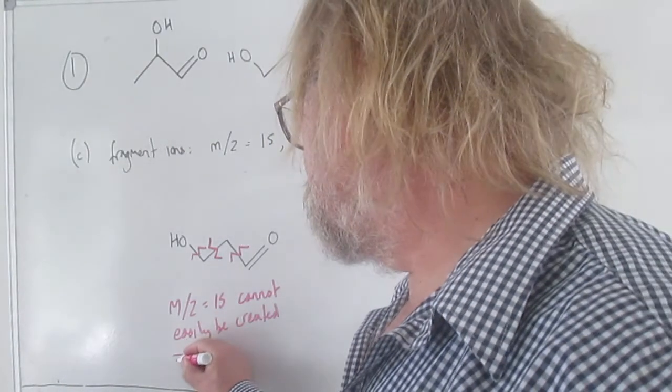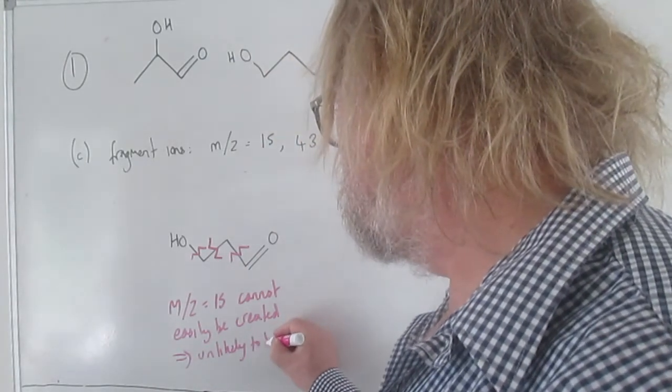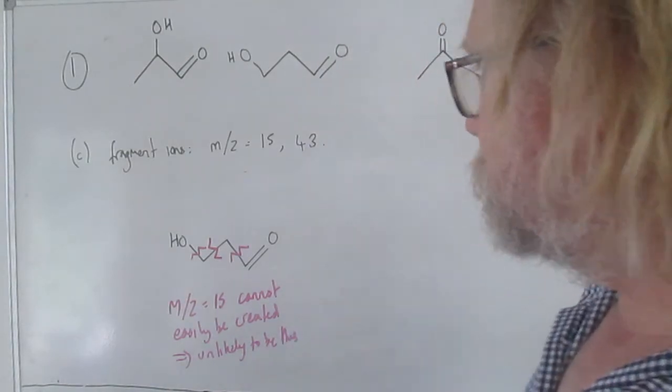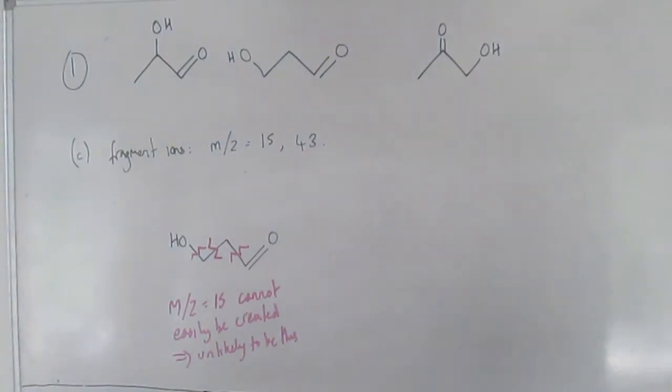So again, it's unlikely to be this. So you could go through and work out all the possible fragment ions from that, but it's quicker just to spot there's no way it's going to be right, because you can't get 15 from that one.